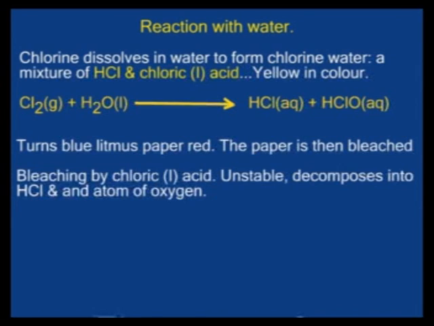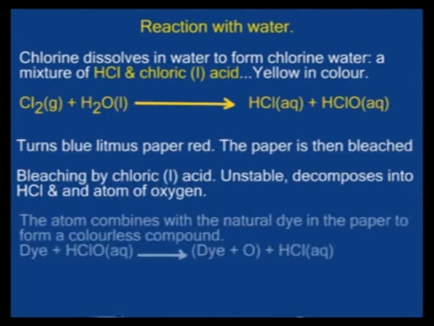Now, this acid is unstable and decomposes to form hydrochloric acid and an atom of oxygen. The oxygen atom then combines with the natural dye in the litmus paper to form a colorless compound according to this equation. Now, you need to notice that a dry litmus paper cannot be bleached by chlorine. Why?